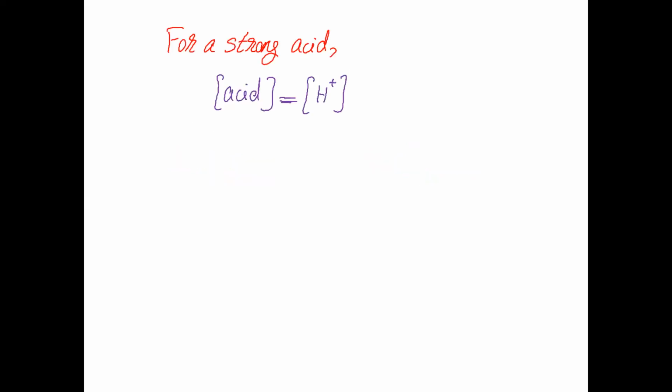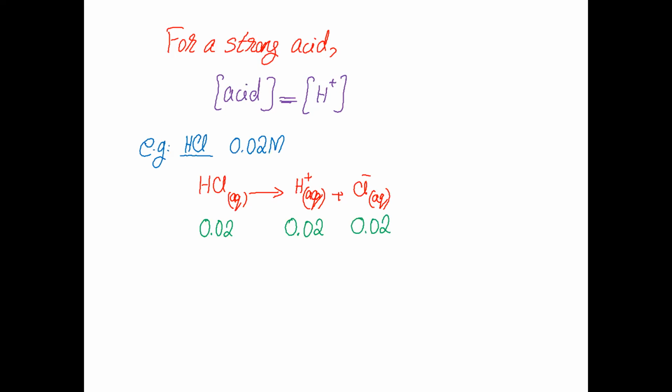For a strong acid, because it dissociates completely, the strength of the acid is the concentration of H plus. This is a very helpful rule when solving these questions. You have to copy this. Okay.